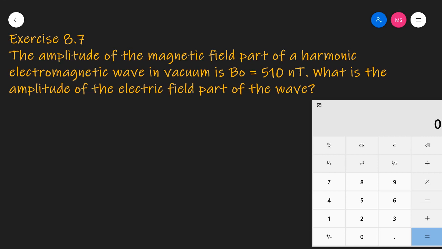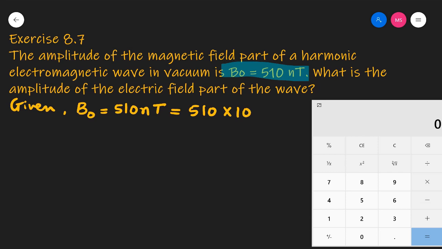So in this example, you can see that amplitude of magnetic field is given as 510 nanotesla, and we have to calculate the amplitude of electric field. So given B naught is equal to 510 nanotesla, that is equal to 510 into 10 to the power minus 9 Tesla.